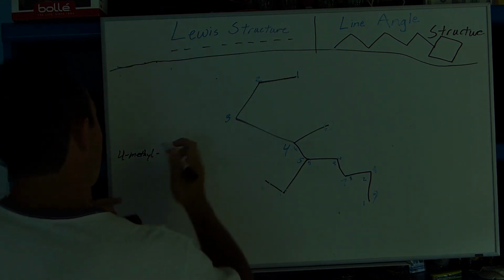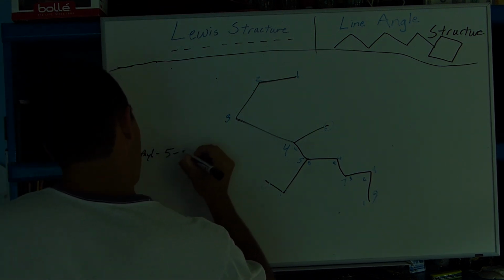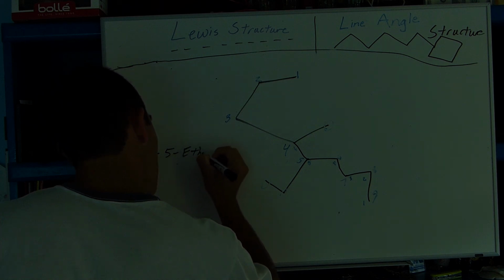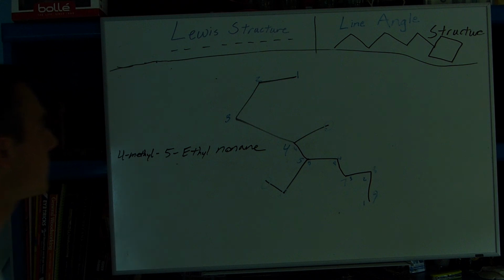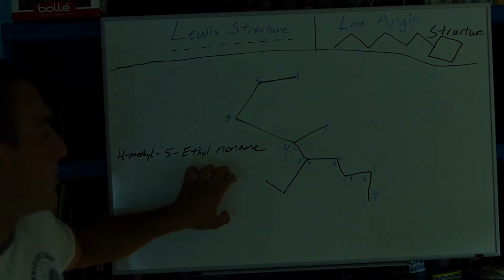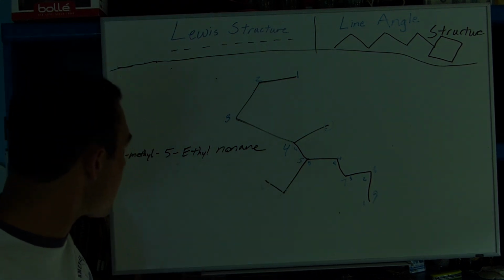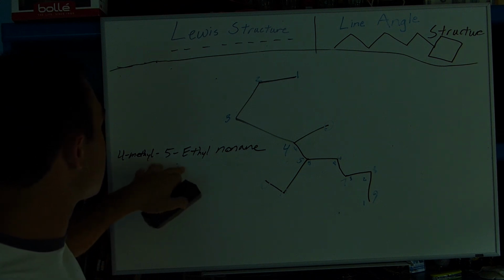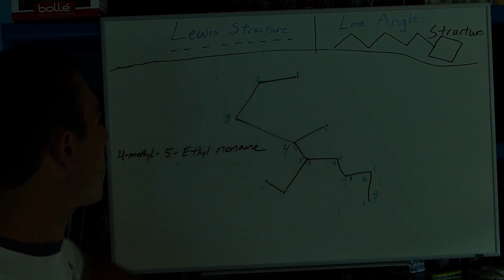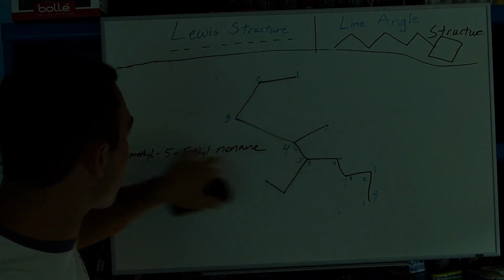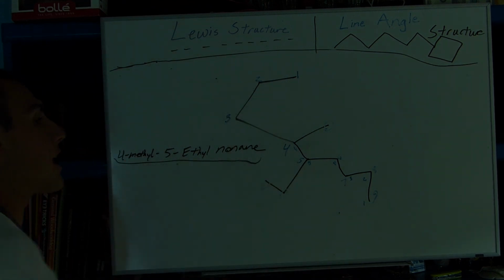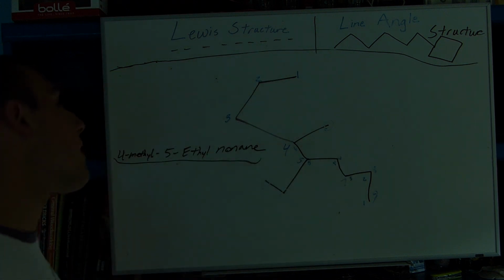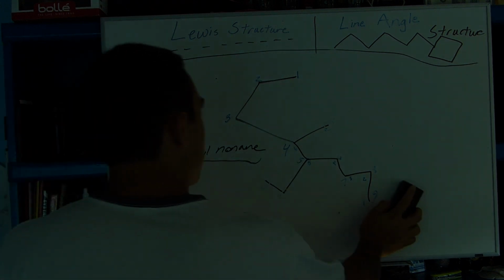So add that on there. 5-ethyl nonane. Relatively simple. This is like your guide to drawing out the molecule. After you write this name out, you should be able to draw this exact replica. It might be drawn another way around, but as long as the groups are present, it's still the same molecule.